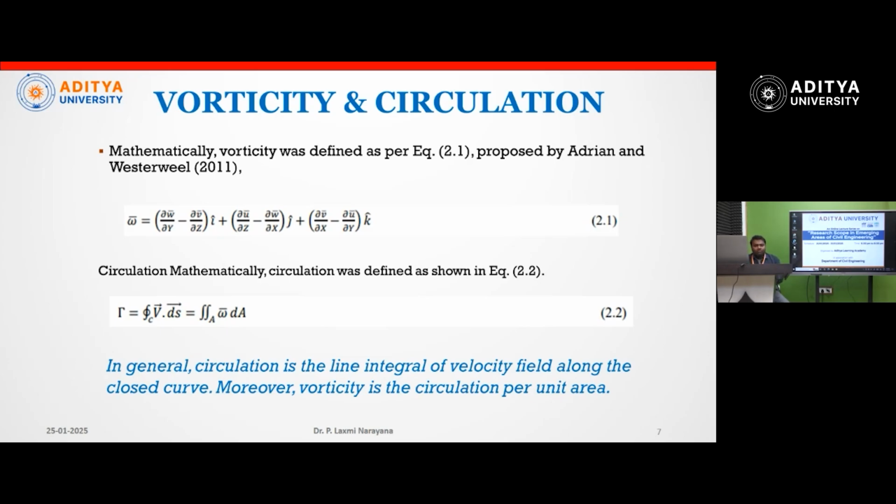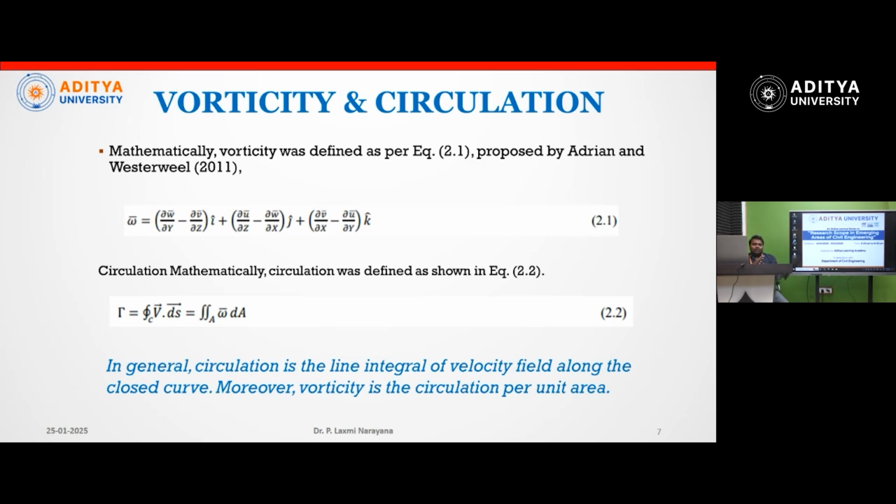So what is meant by angular velocity? Angular velocity is the average rate of rotation of two fluid particles perpendicular to each other at the same point. It gives the angular velocity omega x equal to du by dy minus du by dx, like that.